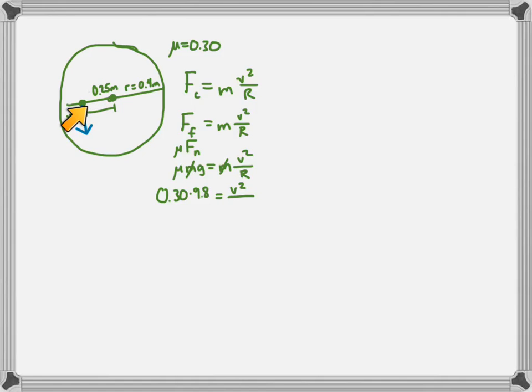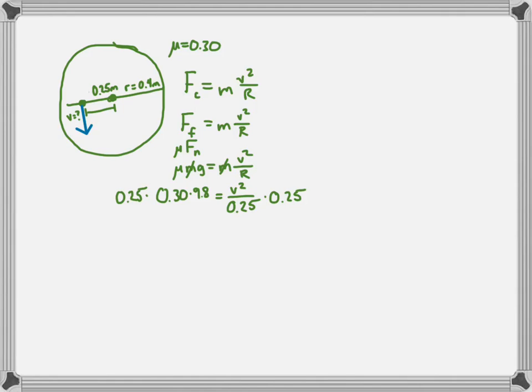Well, I'm concerned about the maximum speed of the penny, so I better use the penny's position, or the penny's radius, as the value of r I enter here, so I am going to use 0.25. All right, well, let's multiply both sides of this equation by 0.25 to get v squared by itself.